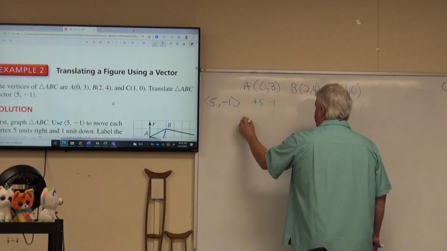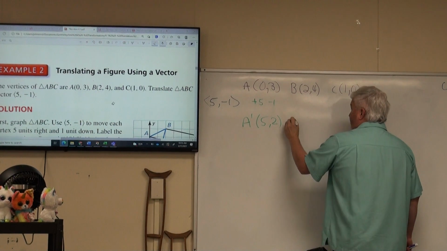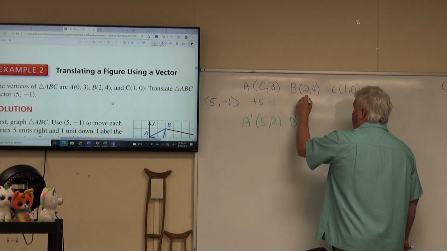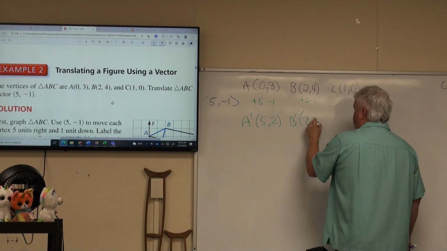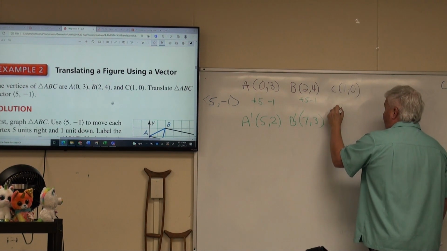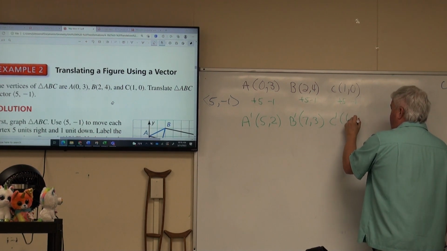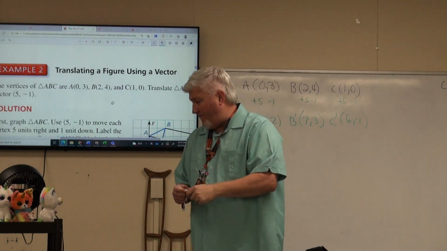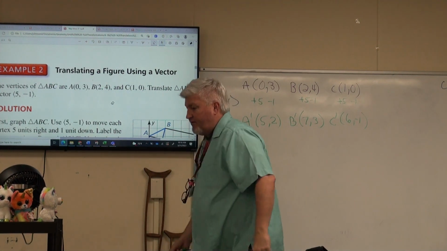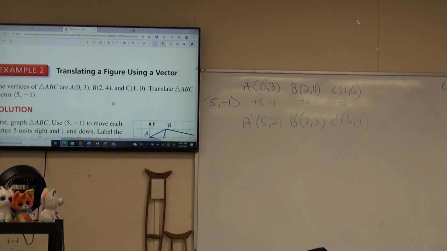So my A prime is 5, 2. My B prime, +5, -1, is 7, 3. And my C prime, +5, -1, is 6, -1. Right? And then you go to your graph. That's fine. And you graph it. And here's what it looks like when it's done.